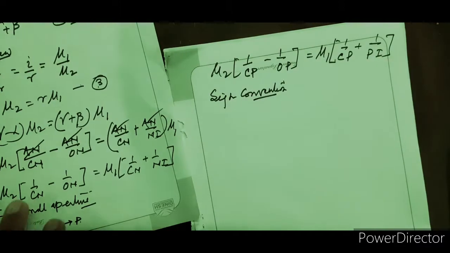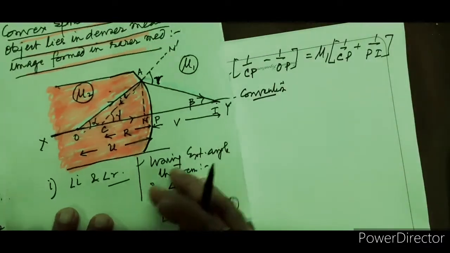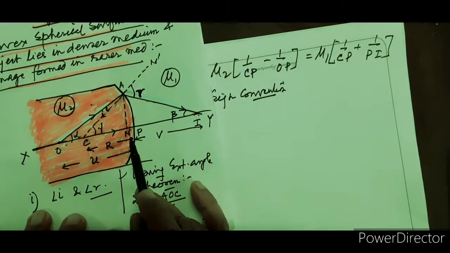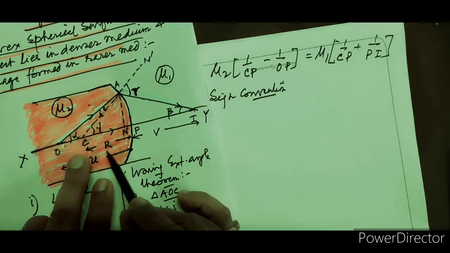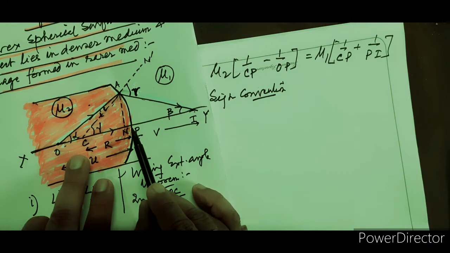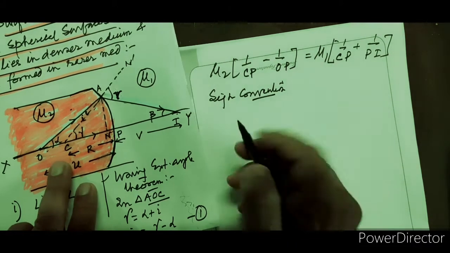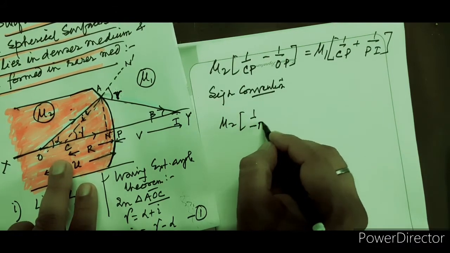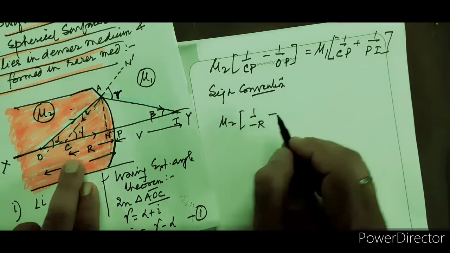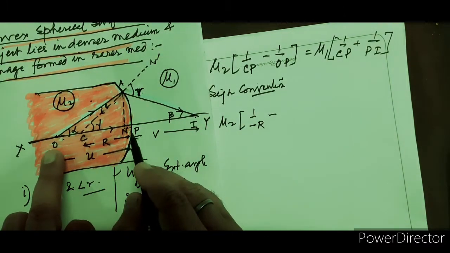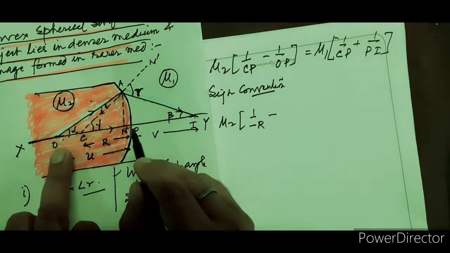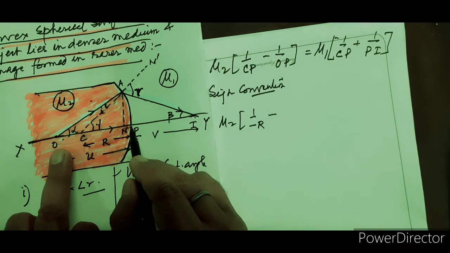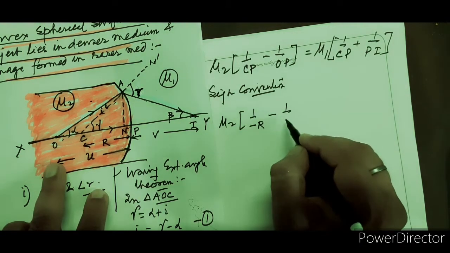What is CP? Just see the previous diagram. CP is the radius of curvature, and all distances should be taken from the pole, so it is negative. So mu2 times (1 by minus R minus OP). OP is your object distance, but all distances are measured from the pole, so it is also negative: 1 by minus u.